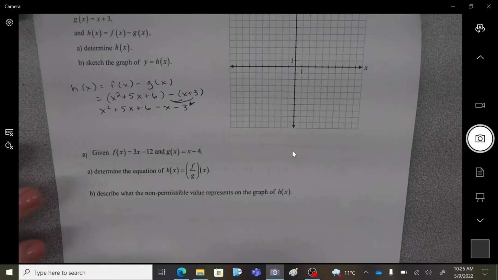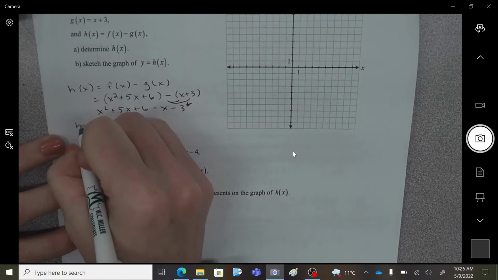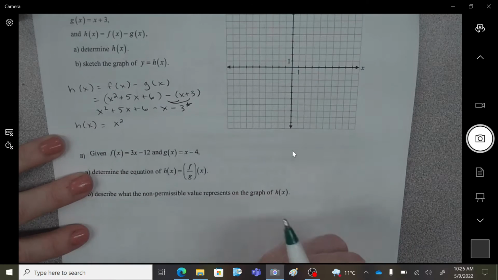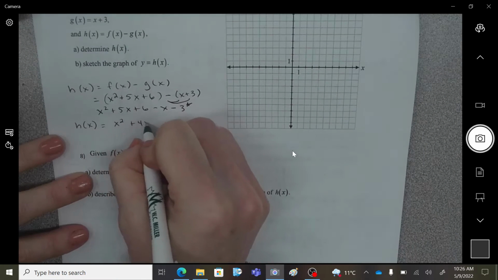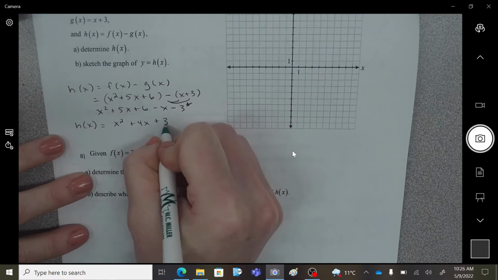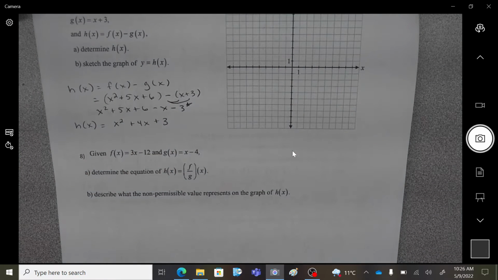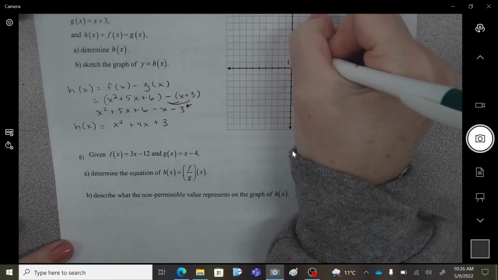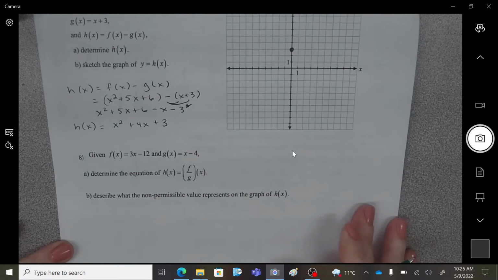Okay, so I'm going to put this all together. So x squared, 5x minus an x is 4x. 6 minus 3 is plus 3. So then I've been asked to graph this, so what do I know? I know it's a parabola. I know there's a y-intercept there.